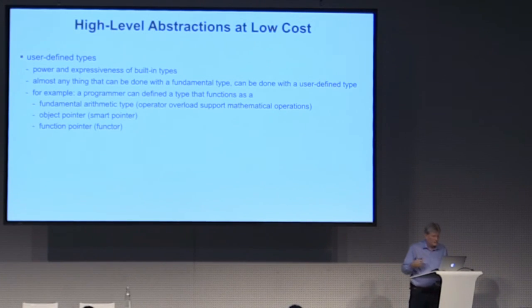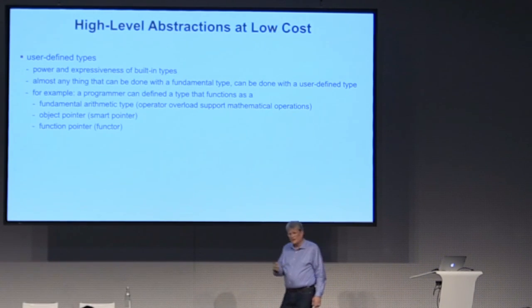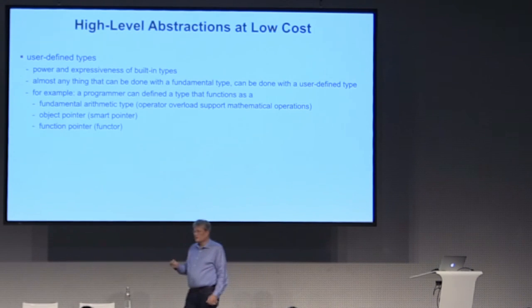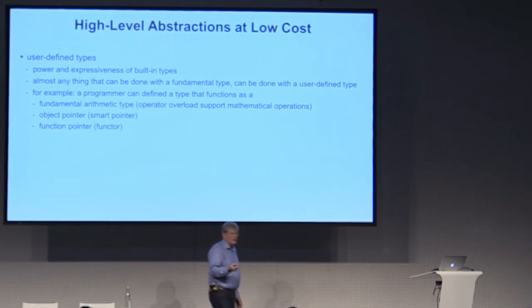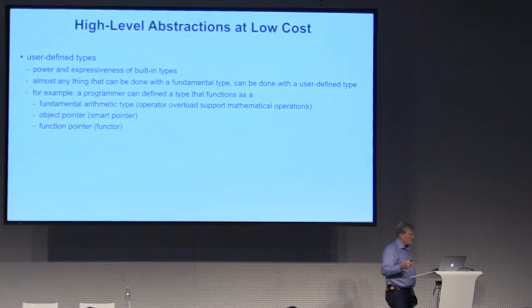Almost anything that can be done with a fundamental type can be done with a user-defined type. And in fact, by creating these user-defined types, we can emulate built-in types with almost, not quite, but almost the same kind of efficiency. We make smart pointers that have very low overhead compared to natural pointers, and function pointers, object pointers, all these kinds of things that we can create ourselves.